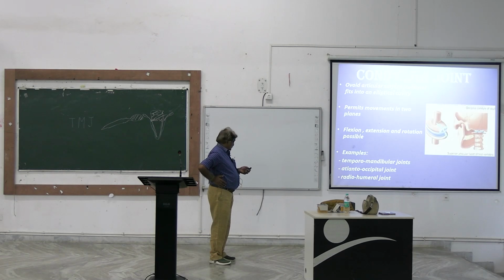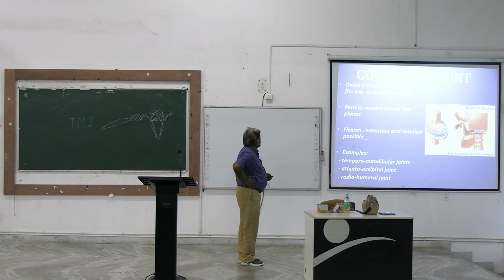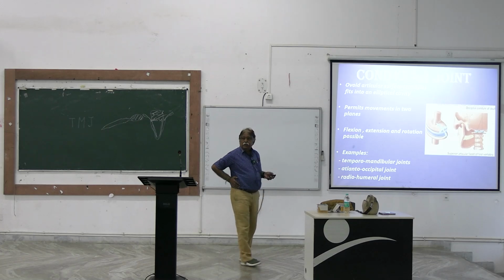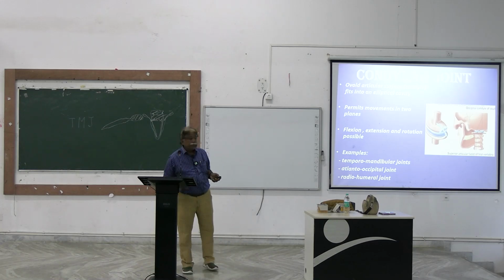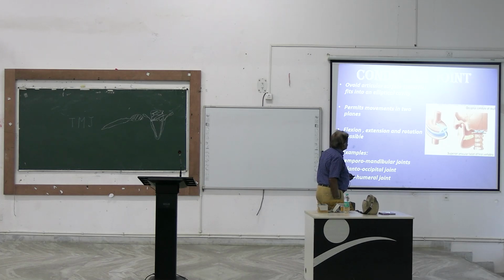Now, condylar joint: ovoid articular surface, the condyle fits into an elliptical cavity, permits movement in two planes, flexion and extension, and rotation is possible. Now, this is the occipital bone, axis, atlas here.